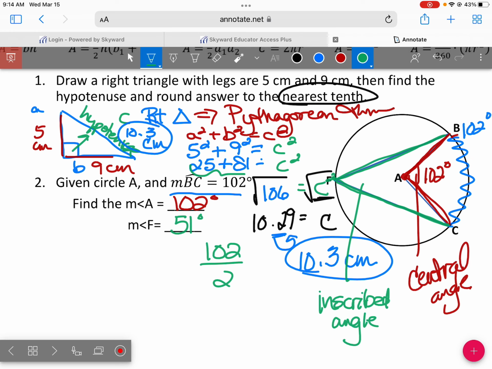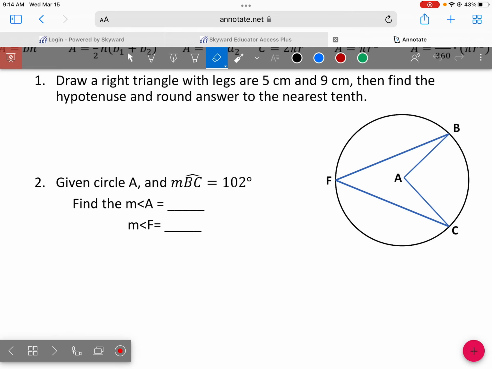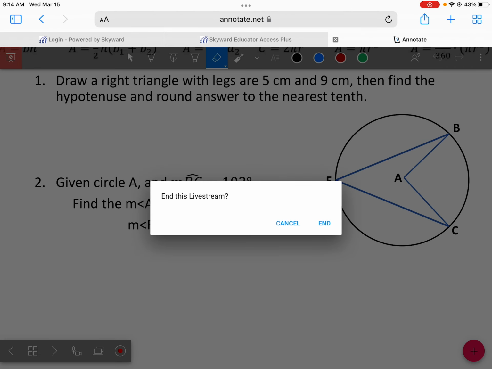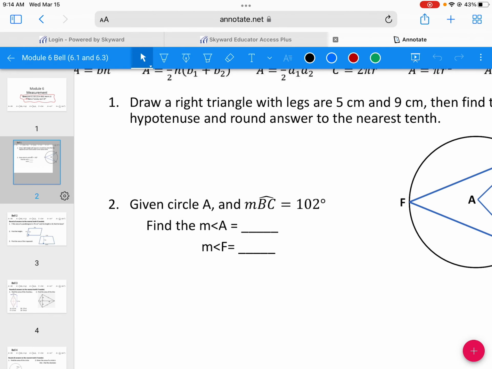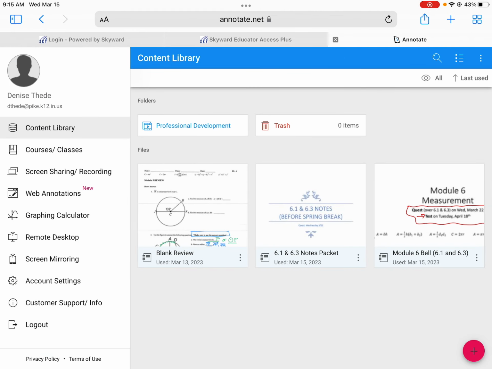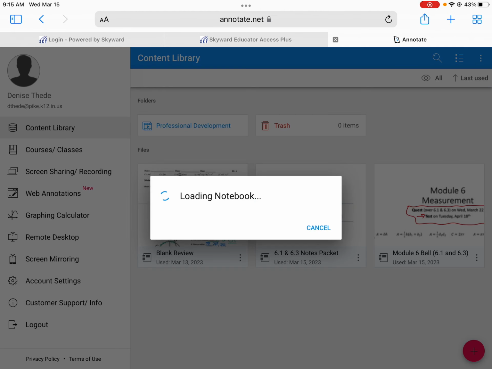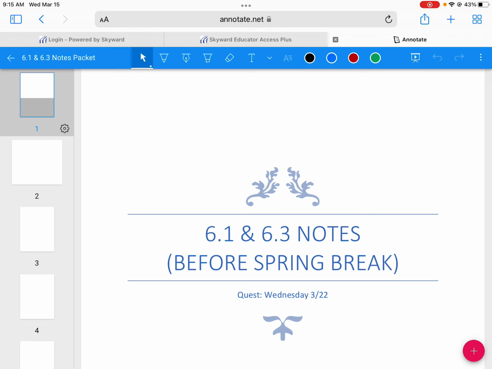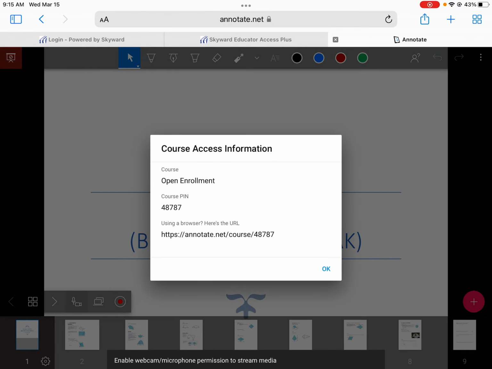Okay. All right. So let's turn to page 1 of your notes. 6.1. Page 1 of your notes. This is 6.1. We're talking about measurements. I think more than measurements, we're talking about areas of quadrilaterals. What the heck is a quadrilateral? Think of the prefix.